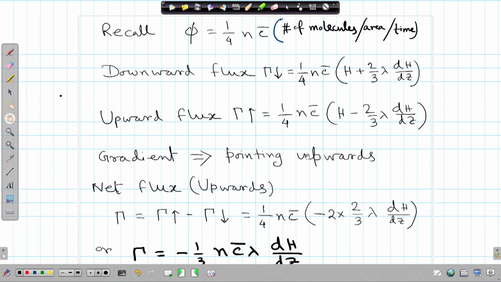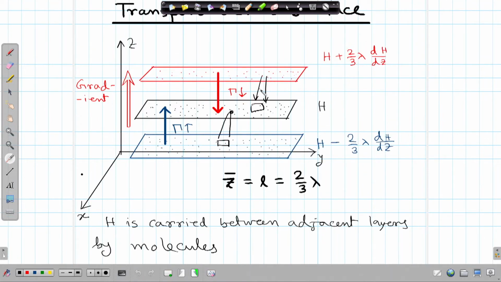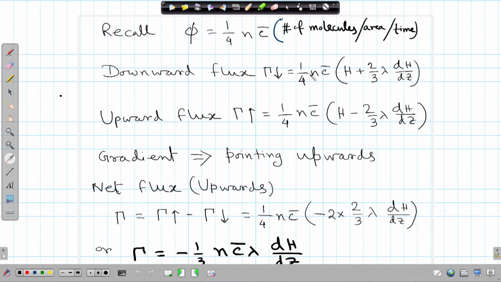So, if 1/4 n c bar is the number of molecules hitting unit area per unit time, and each of them carries this physical quantity H with them, then the net downward flux, which is going from the so called hot layer to the reference layer, will be simply given by 1/4 n c bar multiplied by H plus 2/3 lambda dH/dz, which is the value of the physical quantity H in the hot layer.